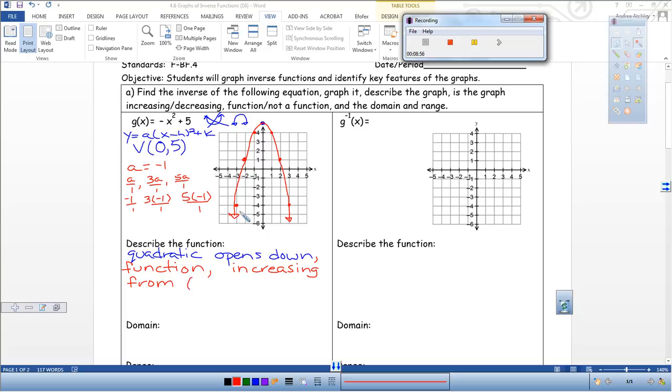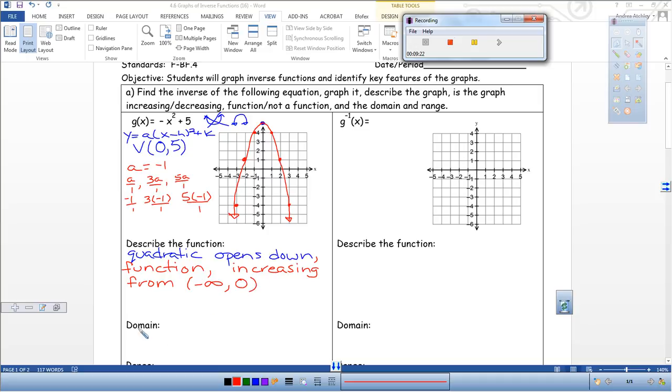It's increasing from this point here, which is going down forever. So it's increasing from negative infinity to... At what point does it stop increasing? Okay. At 0, 5, it stops increasing. What is the x value there? 0. So it stops increasing at 0.